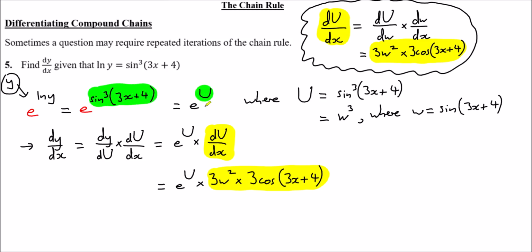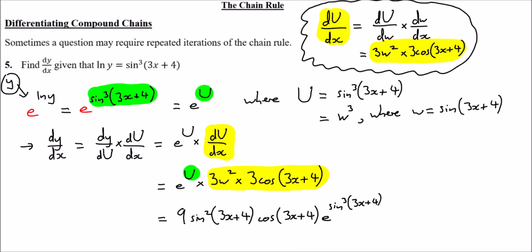So if I now resubstitute this back in, 3 times 3 gives us 9. W was sine 3x plus 4. So w squared is sine squared 3x plus 4. Cos of 3x plus 4. Finally, multiplied by e to the big U, where big U is sine cubed 3x plus 4.